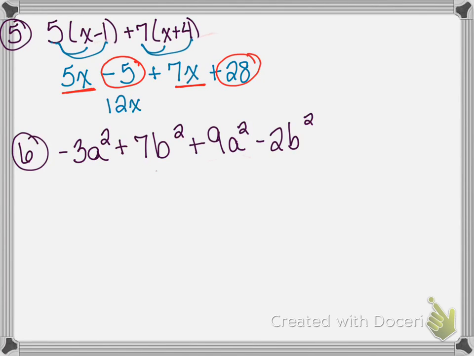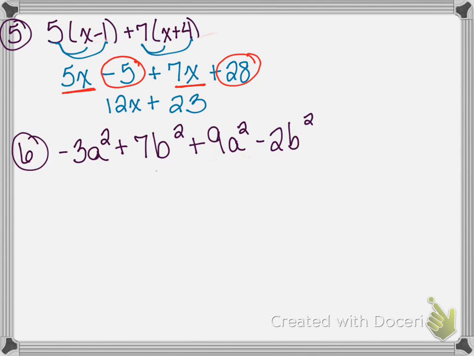If you move these around, the minus has to stay with the 5. You can think about it as plus negative 5, but the 5 is negative. Negative 5 plus 28, they're opposite signs. So we're going to subtract. And is it going to be positive or negative? Excellent. Okay, and when we subtract, what do we get? 23.